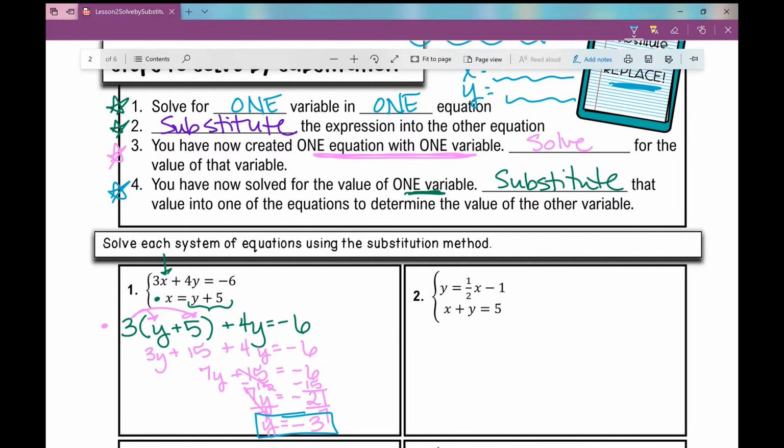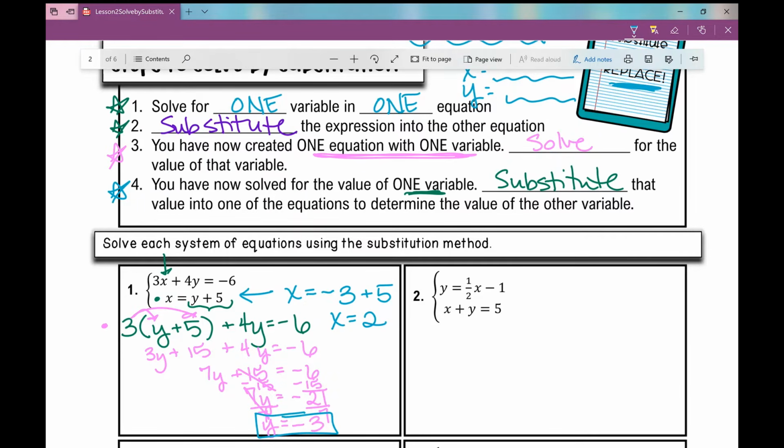So if y equals negative 3, anywhere I see y, I can replace it with negative 3, which means I can replace it in this equation or this equation and solve for the value of x. Which one would you choose? It doesn't matter. I would choose this one right here. X equals y plus 5, which means x equals negative 3 plus 5, which means x equals 2.